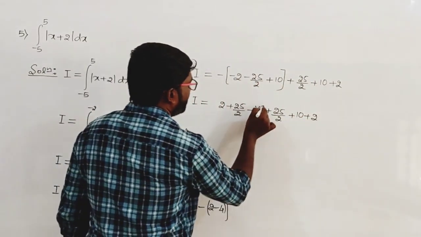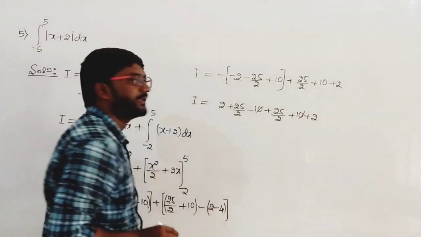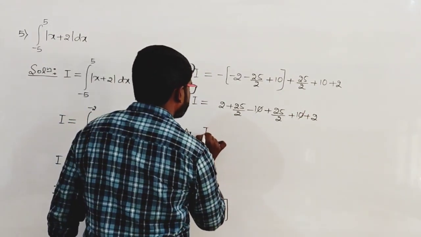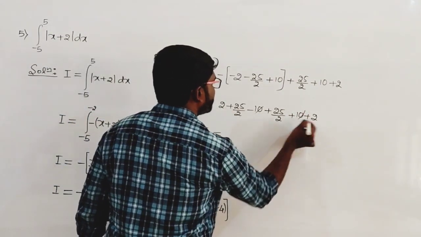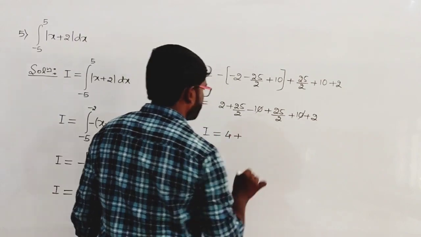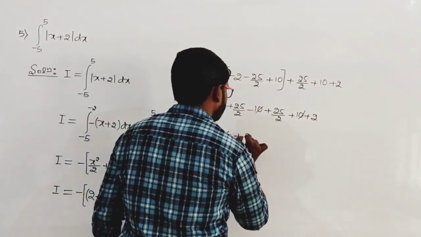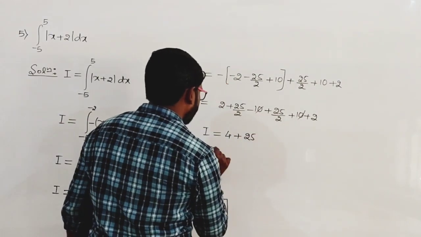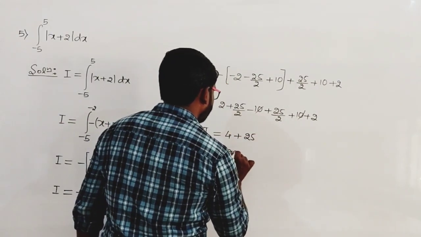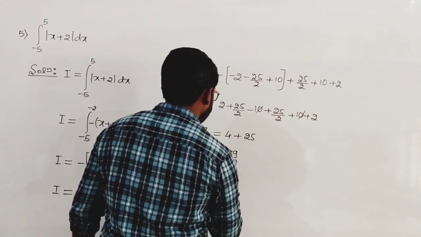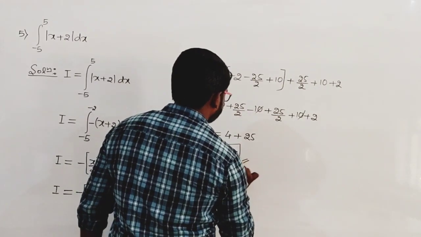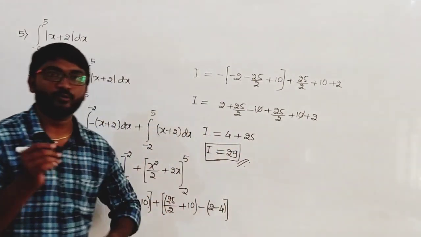So here minus 10 plus 10 get cancelled. I is equal to 2 plus 2 is 4, plus 25 by 2 plus 25 by 2 will be 25. Now I is equal to 29, so this is the required answer for the fifth problem.